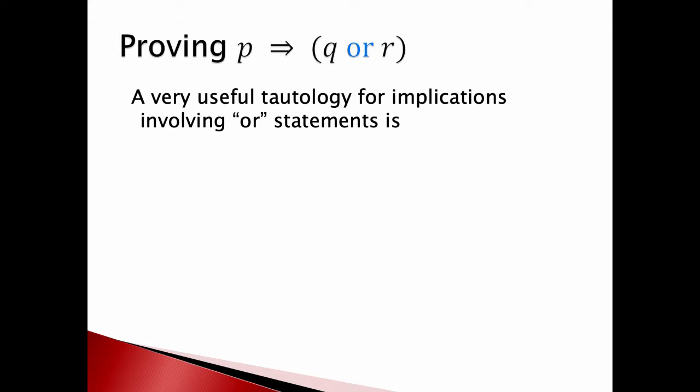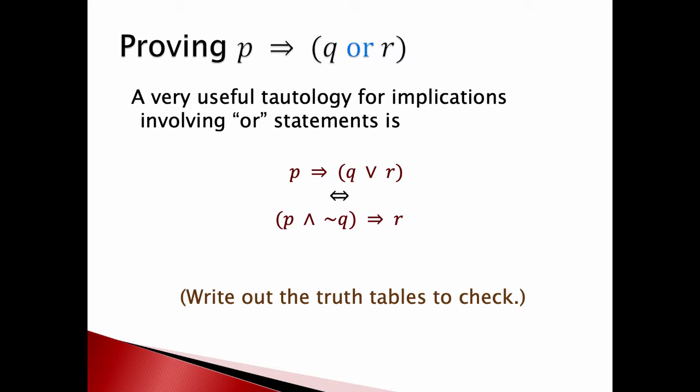Well, there's a very awesome tautology that rides to the rescue here, and it's this: P implies parentheses Q or R is equivalent to P and not Q implies R. Now you can write out truth tables to check all this, but if you stop and think about it for a second, this makes perfectly good sense. So let me rephrase it slightly. What we'd like to prove is that P implies that either Q has to be true or R is true, right? One or the other.